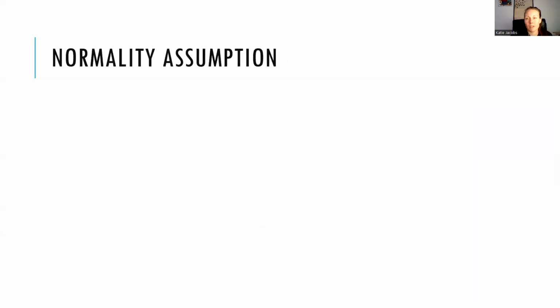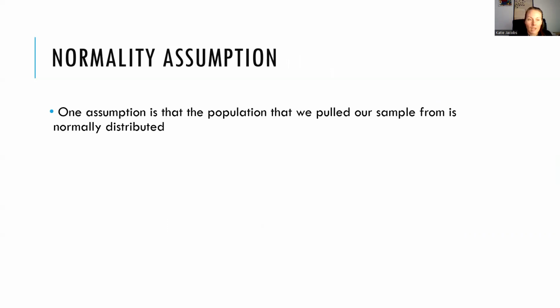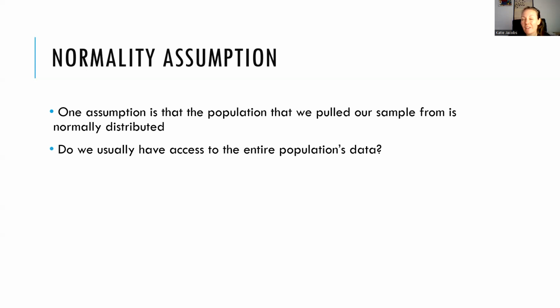And we have another assumption that we're going to learn too, and it's called our normality assumption. This is a characteristic that our data set has to have in order for us to do some of the analyses that we're going to do. This assumption is that the population that we pulled our sample from is normally distributed. Do we usually have access to the entire population data set? We don't, right?